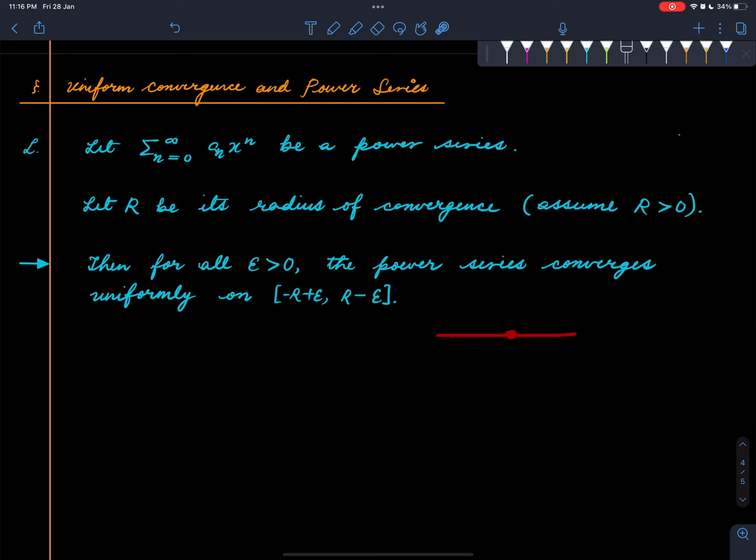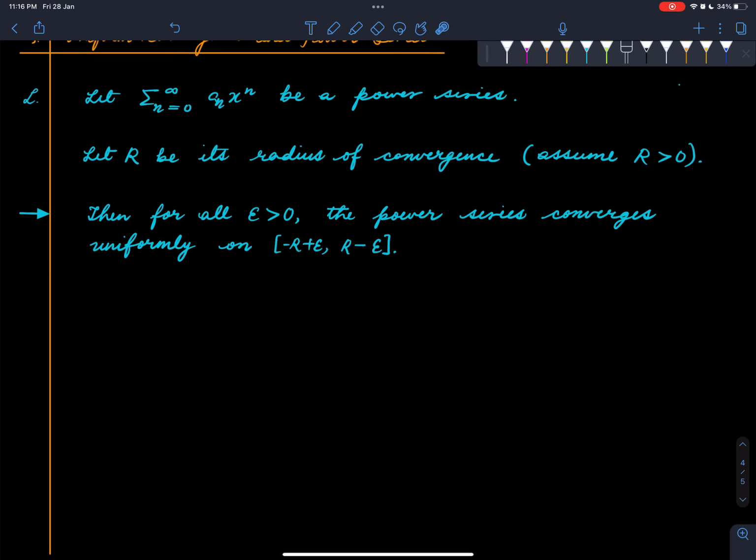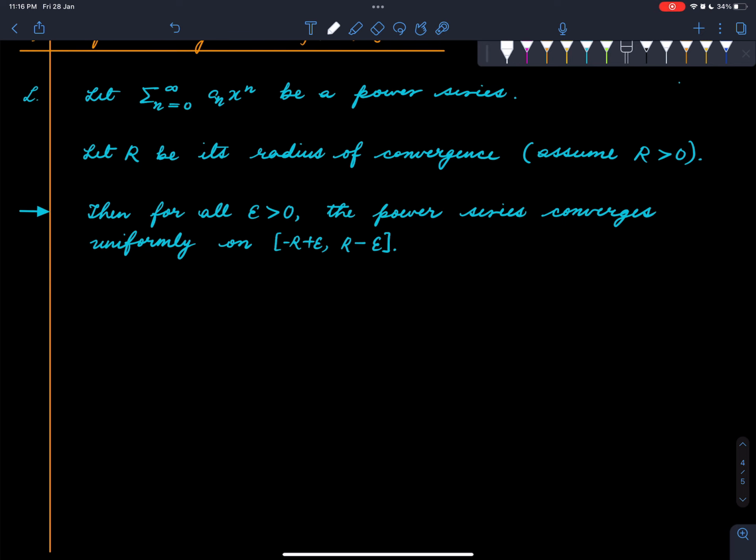So this was minus R, this was plus R. So now we have just chopped off a little bit of this whole interval and gotten this minus R plus epsilon and R minus epsilon. So in this region the power series converges uniformly. So let's prove it, and we'll prove it using the M test. And again, the proof is not going to be complicated.